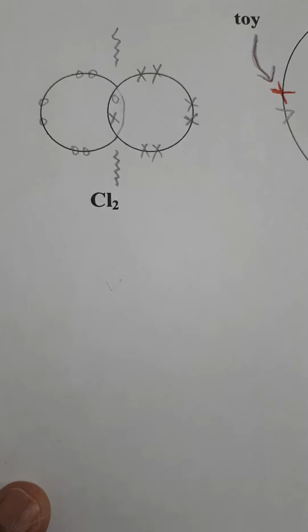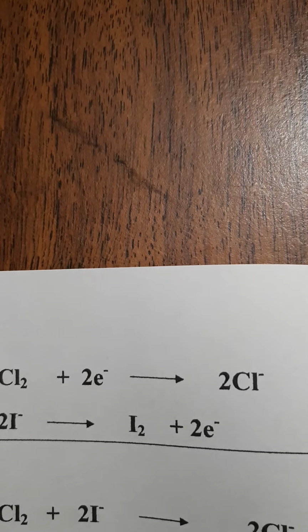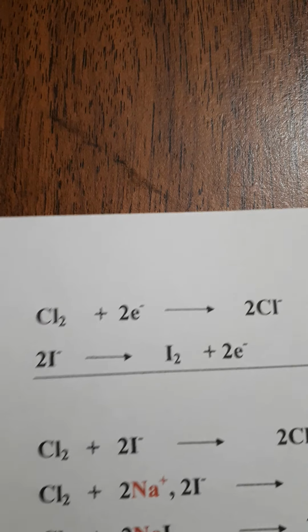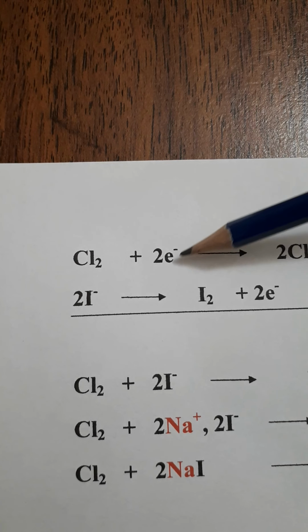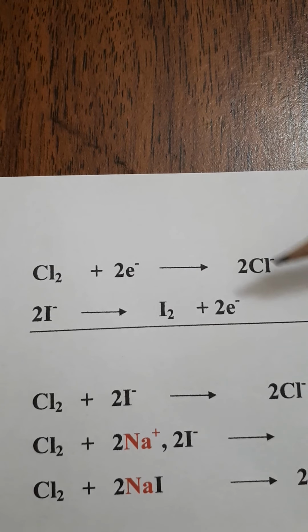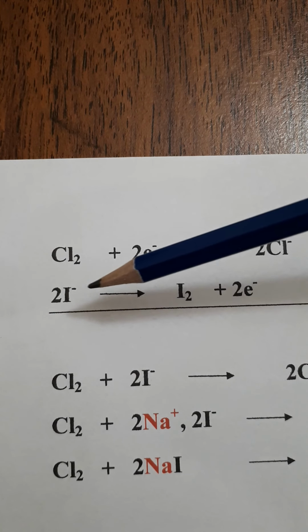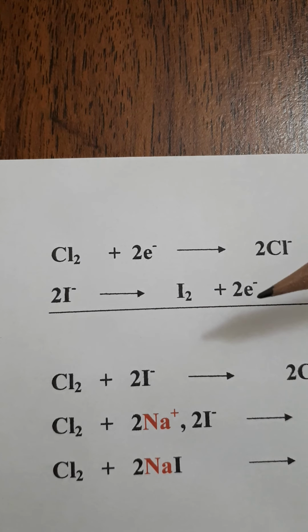So what is really happening is, again, the chlorine molecule will accept 2 electrons, 2 toys, and each chlorine atom becomes a chloride ion. Each iodide ion gave out an electron.